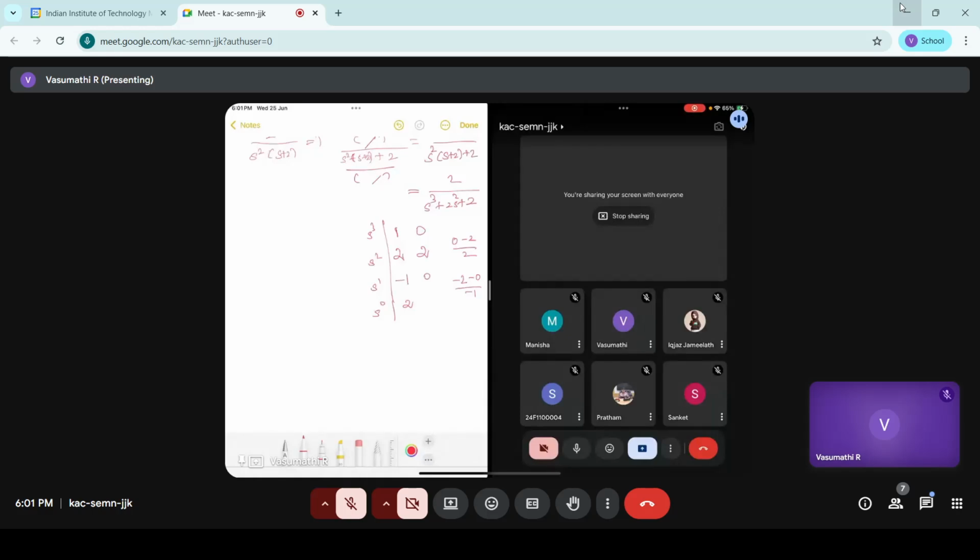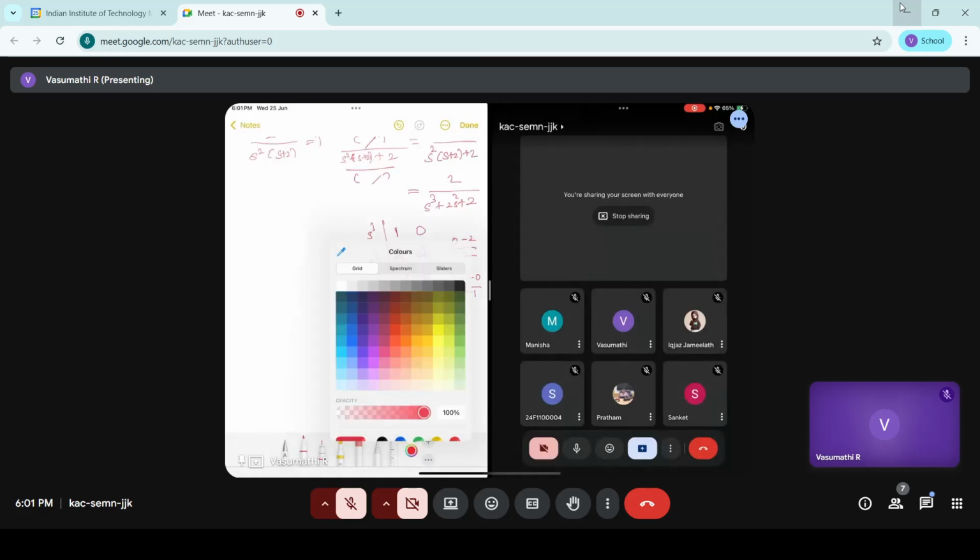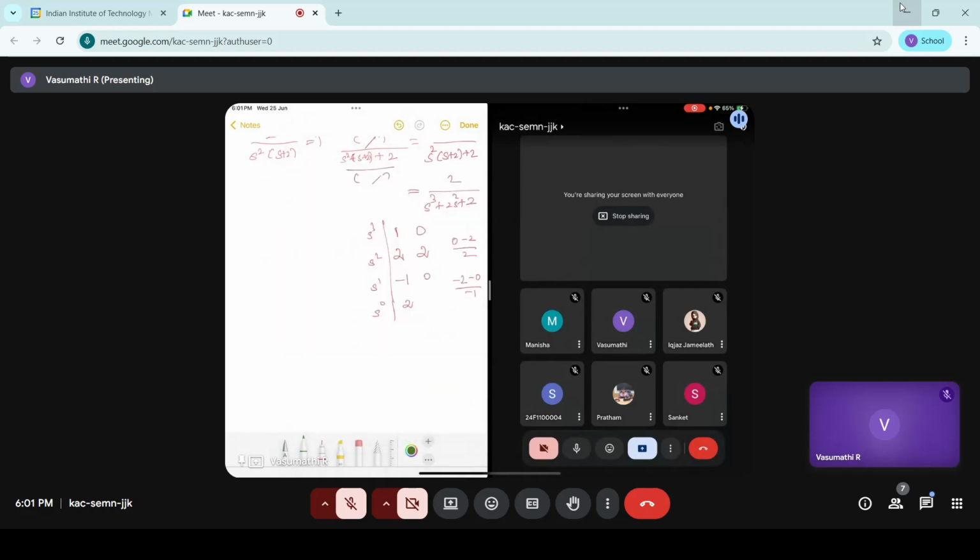Now there is one sign change here. You see there is a sign change from positive to negative, and negative to positive. So 2 poles are in the right half, which makes it unstable.